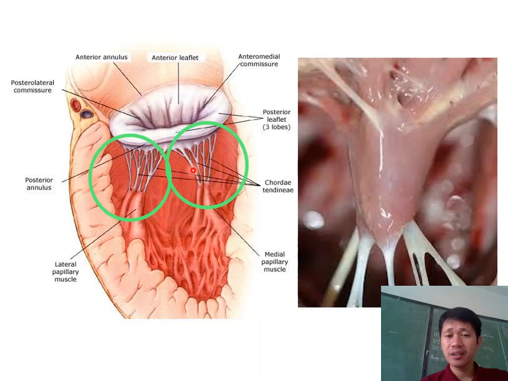You can see here the chordae tendineae, which is made up of collagen fibers. It controls the opening and closing of the valve. And here you can see the actual photo of the valve inside the heart. The chordae tendineae is here, controlling the opening and closing of the valve.